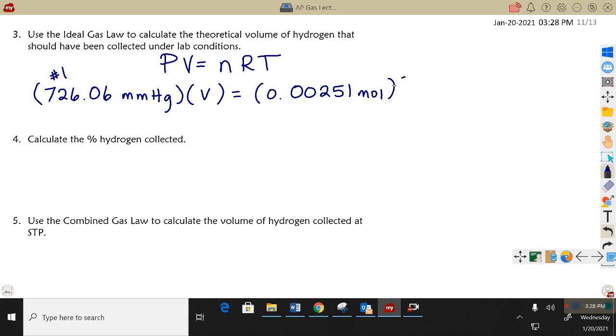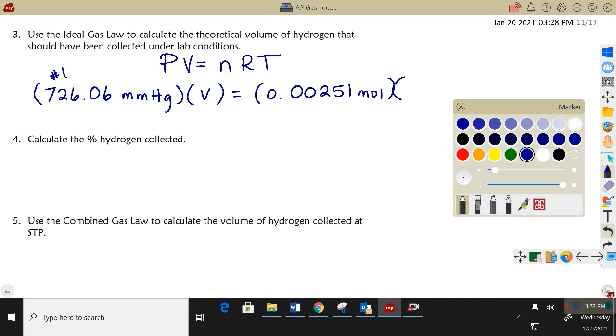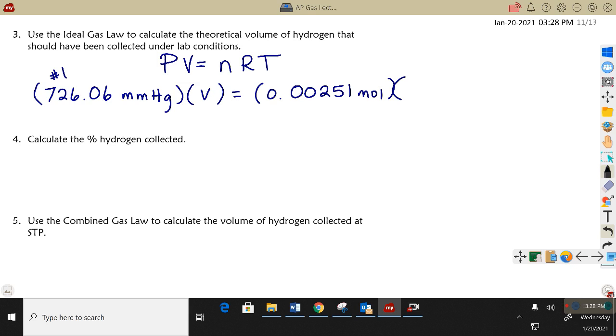Now R. R is the gas constant. And when you look in your equation packet, you'll find the value of R. It says gas constant R. So you don't have to memorize them, just look them up. But word of caution, in the packet there are 3 versions of R. There's one that looks like this. So there's an 8.314. And then in the packet it looks like joule, and then it's got moles to the negative first, Kelvin to the negative first.